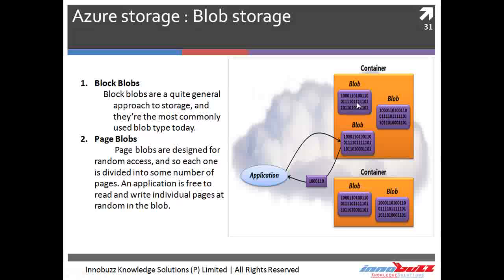But the advantage with the page blob is, let's break this in two, one till here and one till here, so you don't need to go through all of this, you just need to start from here. So I think the page blobs are much better than the block blobs.